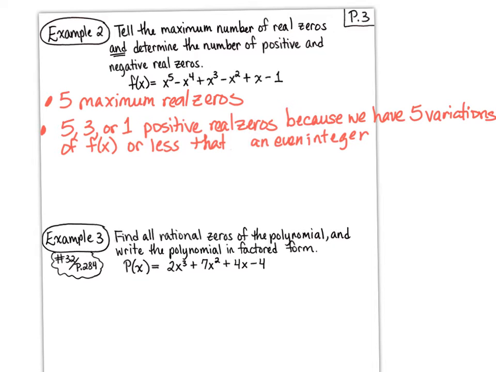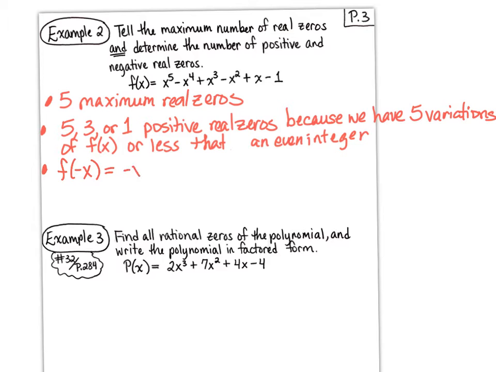Plug in negative x for x, right? Yes. So we look at f of negative x. What's f of negative x going to be? You can give me the simplified version if you like.